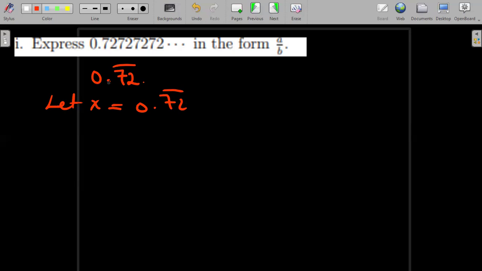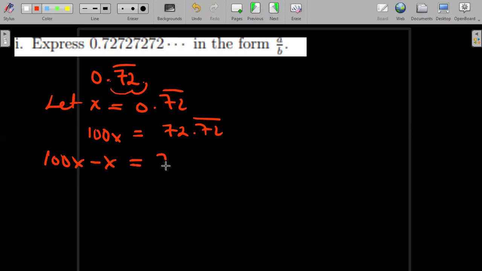Then to move this decimal, it has to move how many times? 2 times, 1, 2. So meaning we have to multiply by 100 on both sides. So I'll get 100x this side, and the other side will be 7.272 with the bar. Then I can subtract and say 100x minus x is equal to 72.72 bar minus 0.72.